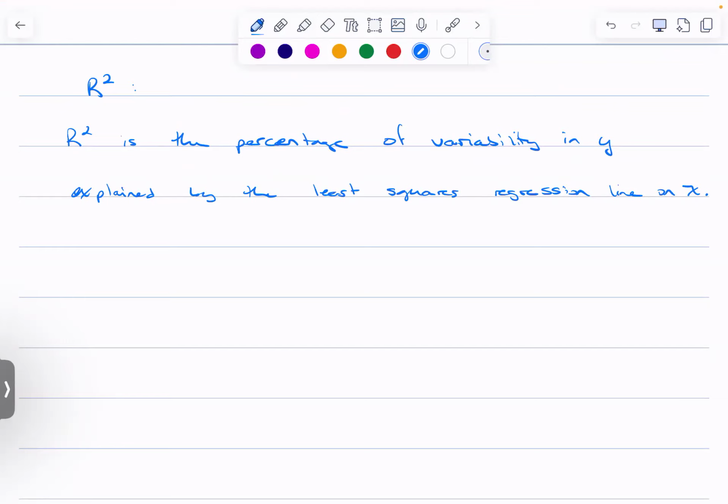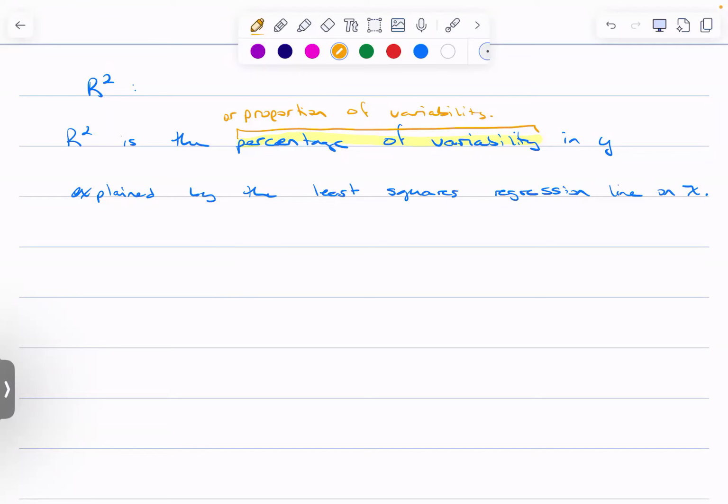And so what I want you to do is have a built-in trigger for when you see something like percentage of variability, right? A percentage is a proportion. So this could say, or proportion of variability. But as soon as you see kind of a long blurb with some hint of percentage or proportion of variability, your brain is going to think R squared, right?